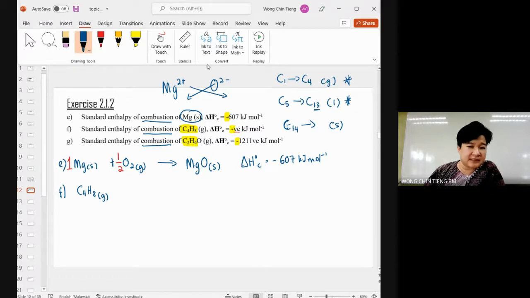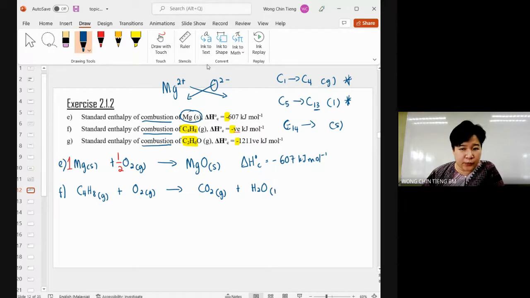So kita nampak kat sini C4H8. Kalau soalan tak bagi tahu pun kamu tahu dia adalah gas. Okay, that is the way lah. Plus with the oxygen gas, then you will be forming as always your carbon dioxide guys, gas, plus your H2O. And guys, H2O liquid.